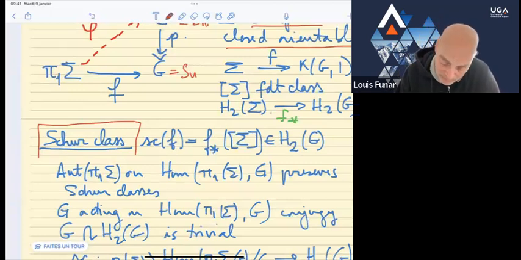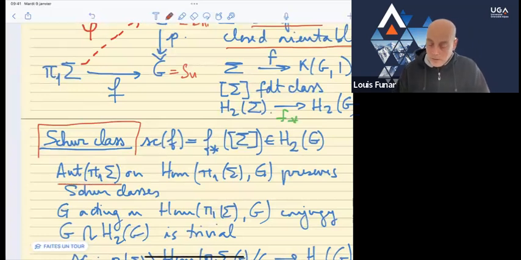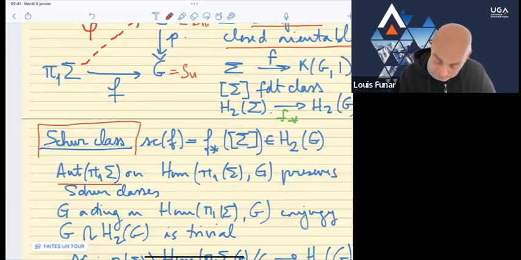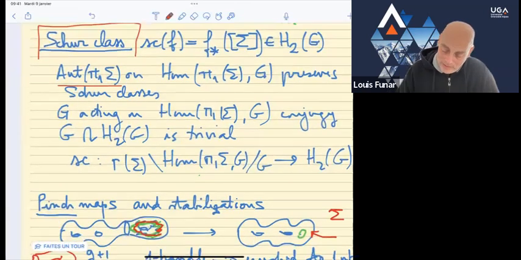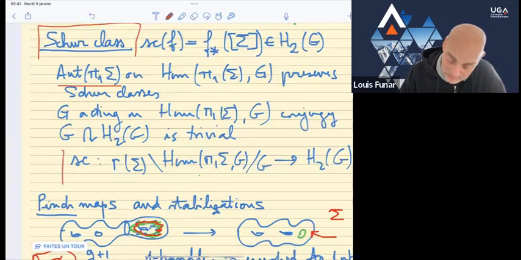In fact, the automorphism group of pi1 of sigma is acting, as I said, on the left on the group of homomorphisms from pi1 of sigma into G. And it preserves Schur classes. It acts trivially on H2. So what we get is already an invariant from that algebraic object I considered at the beginning.